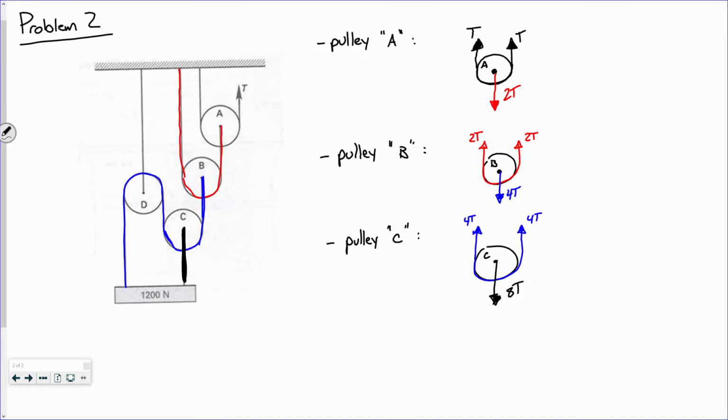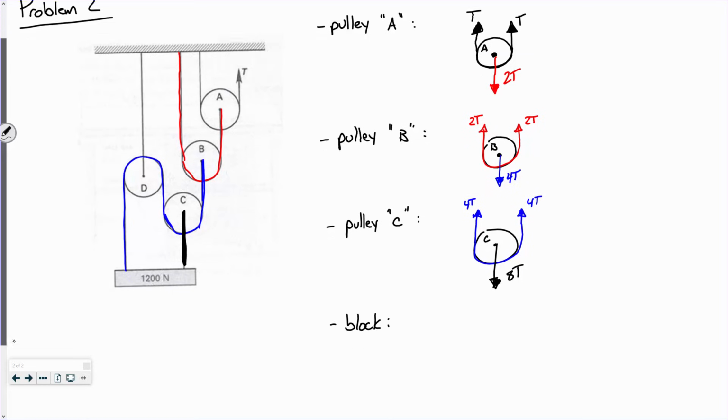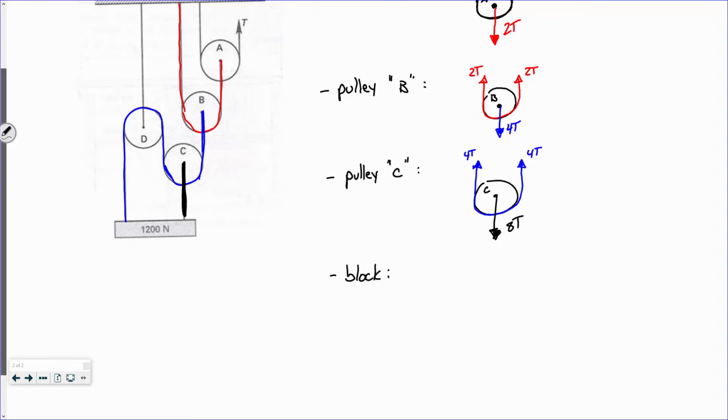So I'm talking about this rope right there, right? Now I want to look at a free body diagram of the block. So here's a free body diagram of the block, and what do we have going on? All right, here's the block. And how much does that block weigh? 1,200 newtons, right?